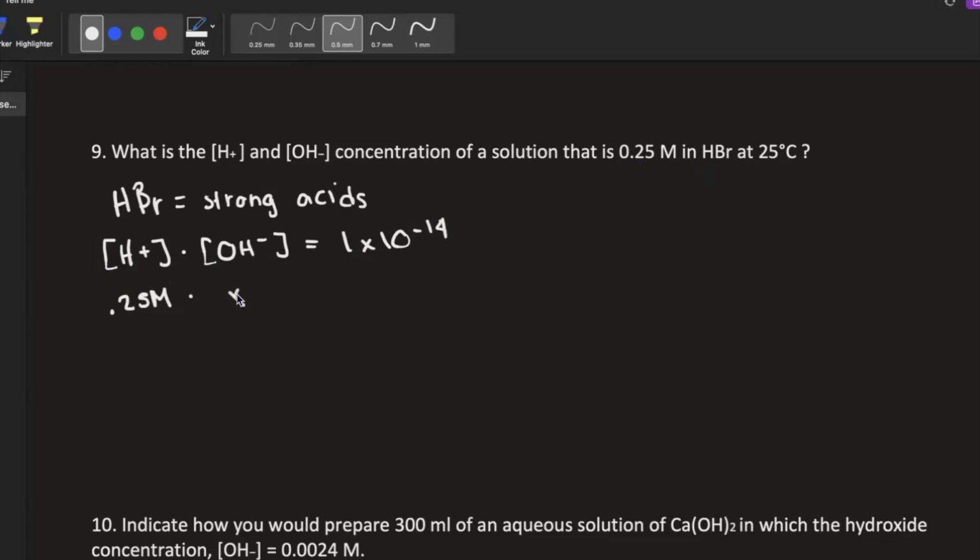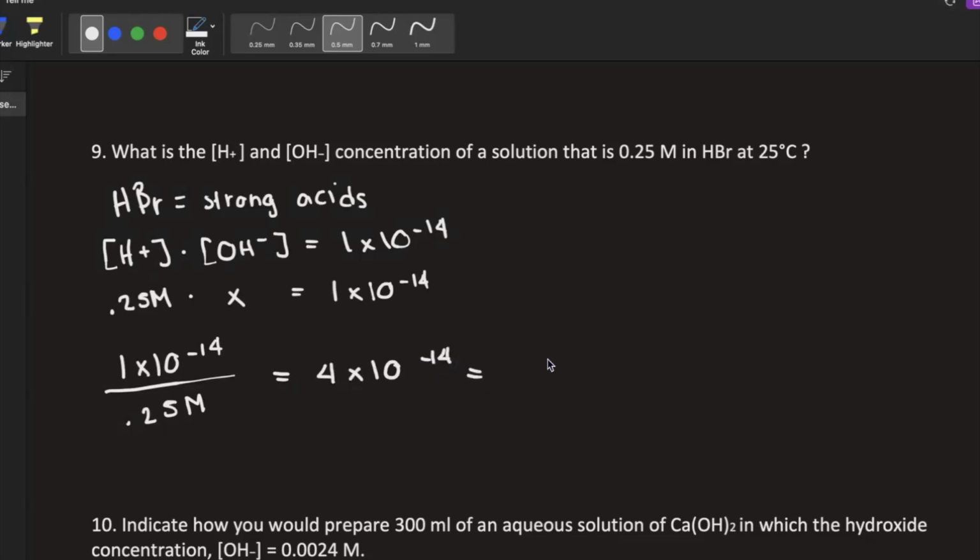So we're trying to find X. We're going to conduct the same process that we have been doing for the last 3 problems. We're going to divide 1 times 10 to the negative 14th by 0.25. And that's going to give us 4 times 10 to the negative 14th, which is equal to the hydroxide ion concentration.